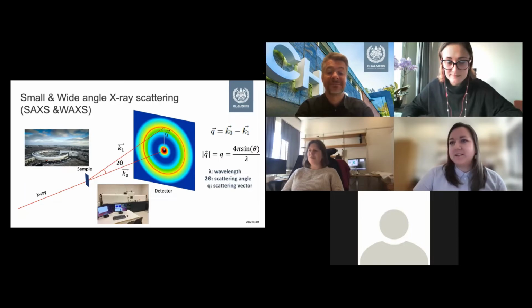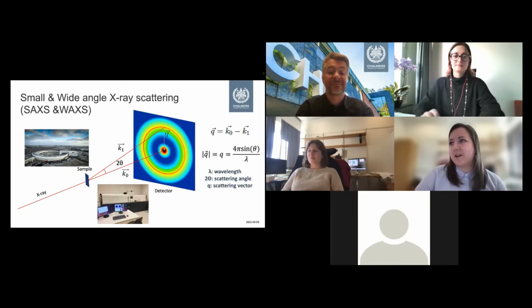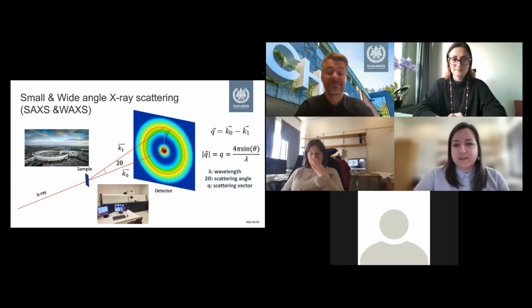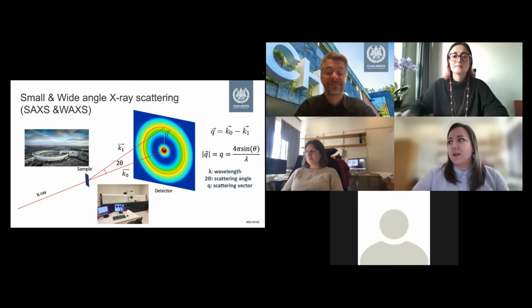So in a typical X-ray scattering experiment, there is a highly collimated monochromatic beam directed towards a sample, and most of it passes through and some of it gets scattered. So that is what we actually measure. Photons interact with electrons and provide information on the fluctuations of the electronic density in the matter.